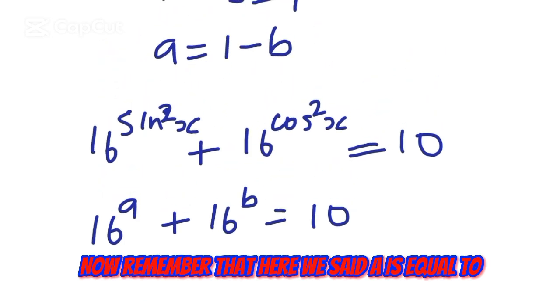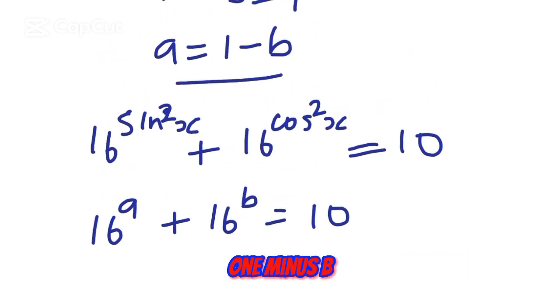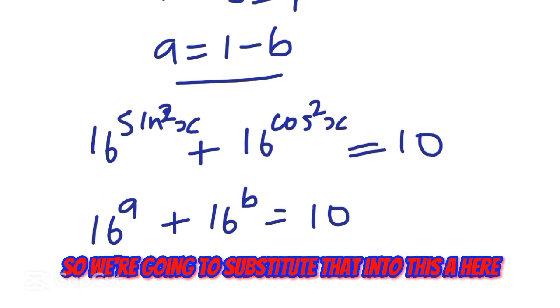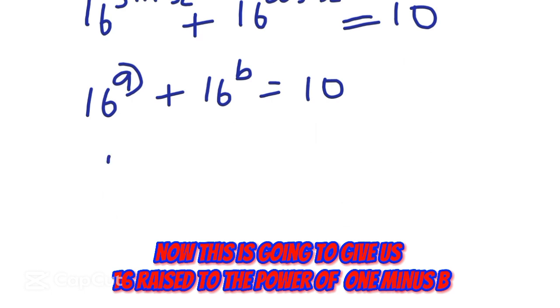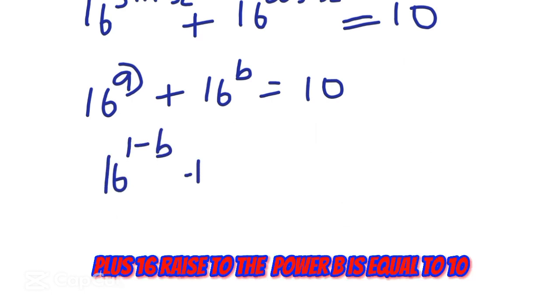Now, remember here we already said that our a is equal to 1 minus b. So we're going to substitute that into this a here. Now this is going to give us 16 raised to the power of 1 minus b plus 16 raised to the power of b is equal to 10.